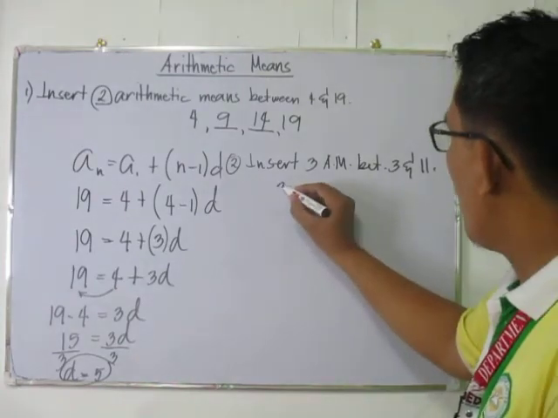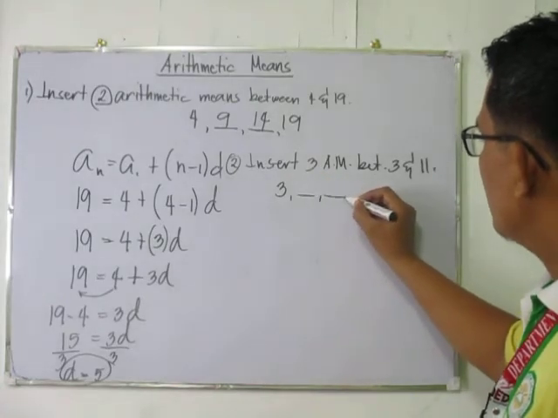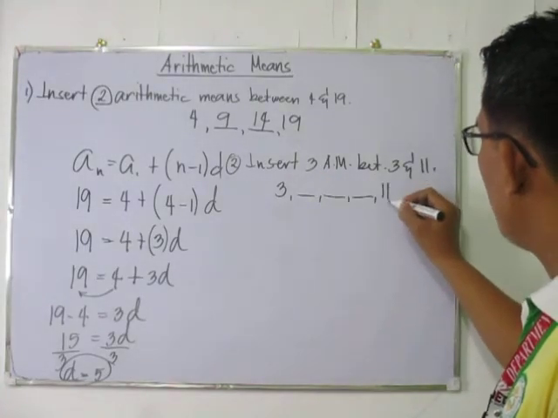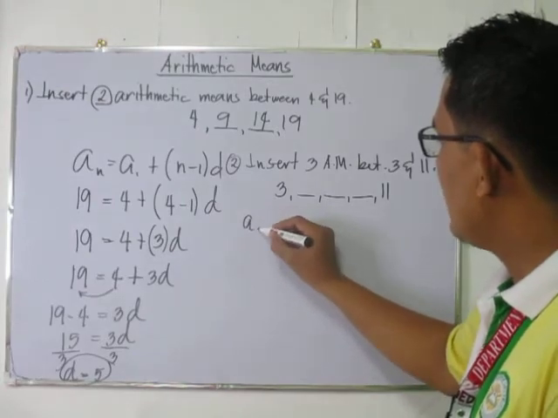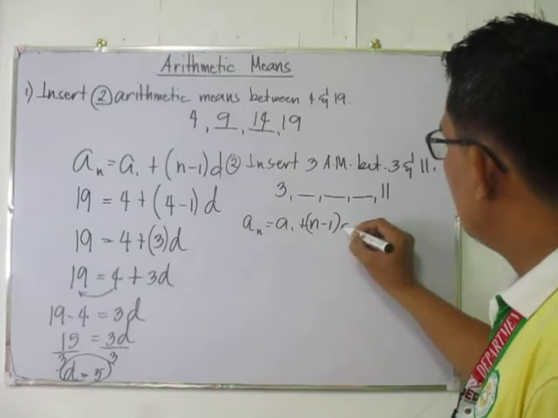Again, we have now our 3 as our first term. How many arithmetic means? 3: 1, 2, 3, and our last term is 11. Use the formula: a sub n is equal to a sub 1 plus quantity n minus 1 times d.